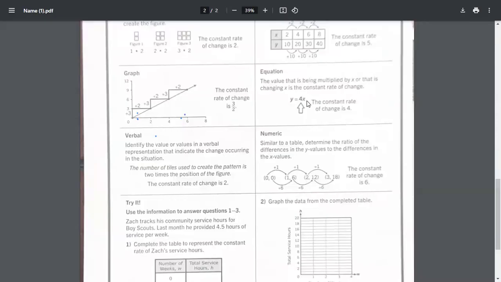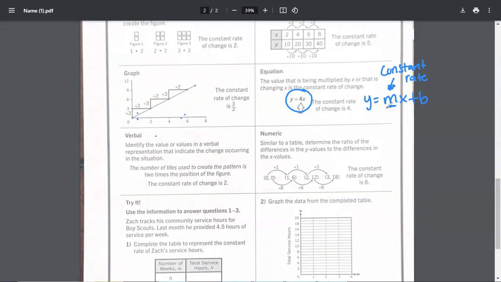When I look at this equation down here, this is exactly what an equation is. Equations are written as y equals mx plus b, and the m is our constant rate. On this one, the m is actually the 4, but it's whatever number is before the x.